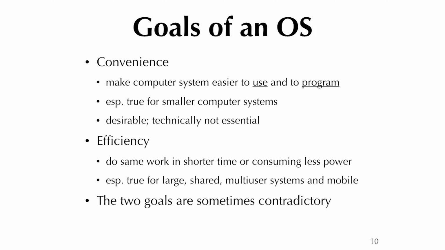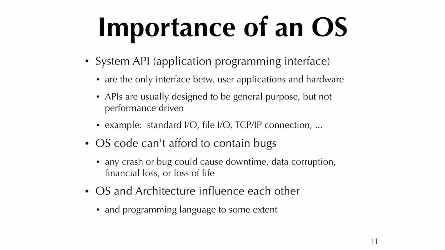Right? And so efficiency could matter more maybe on a larger system, a multi-user timeshare system, and even mobiles too. But efficiency and convenience could be contradictory because for convenience you may have to do more work and that's less efficient.